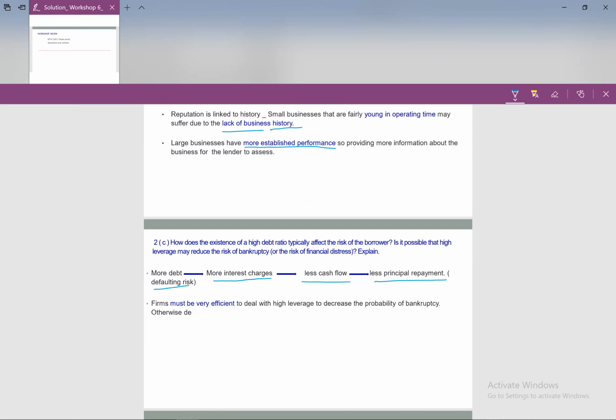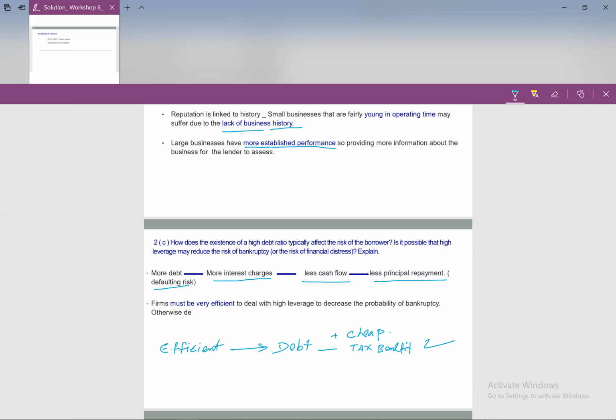But if you are efficient, you can take a lot of debt, because the debt is cheap, plus you have tax benefit. If you are efficient, you can make very good returns, even if you are highly leveraged.